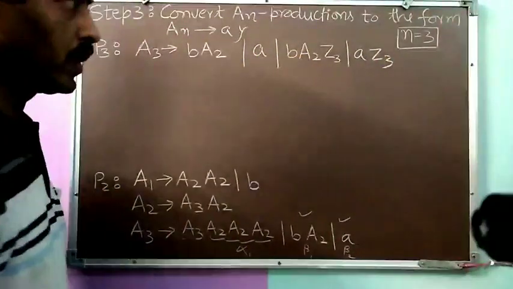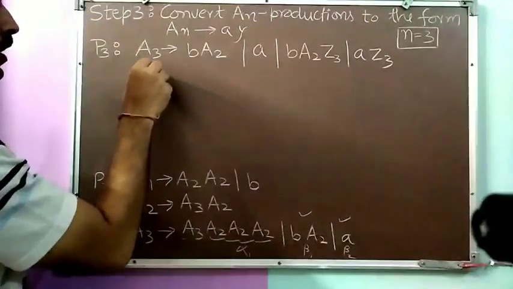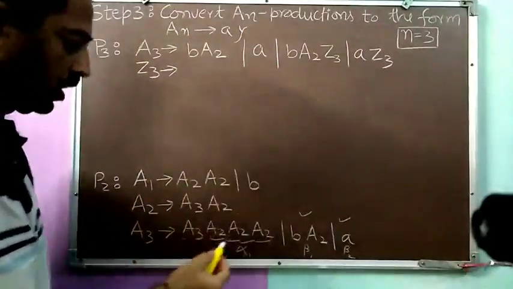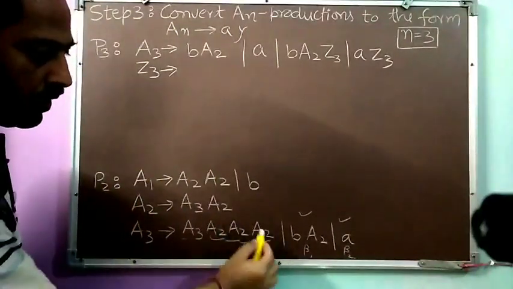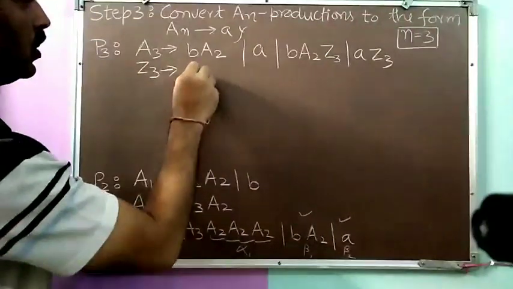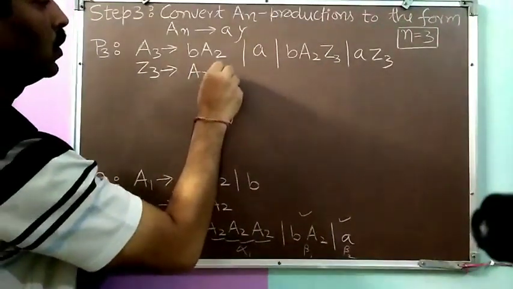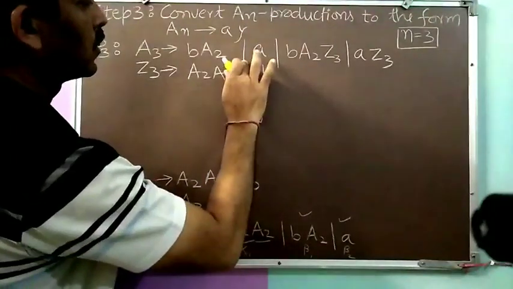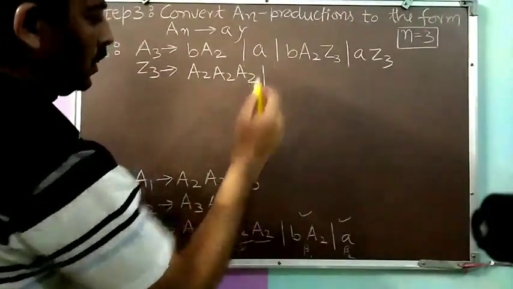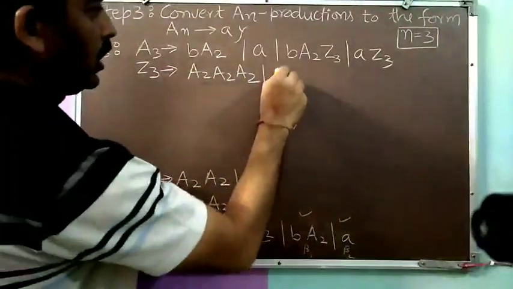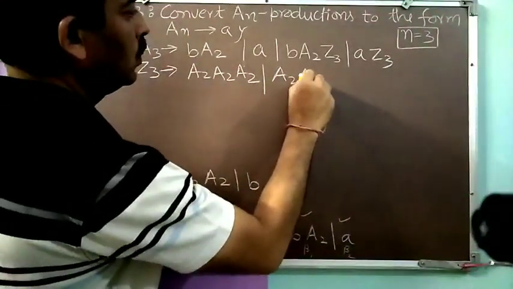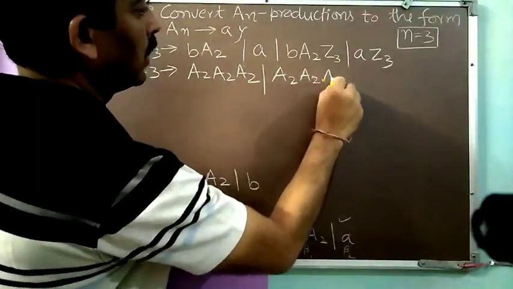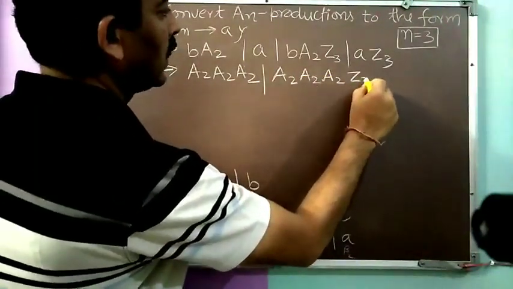Now we have introduced a new variable Z3, so we have to write the productions of Z3 as well. The productions of Z3 will be the alpha i's. There is only one alpha, that is A2 A2 A2 oblique, then alpha Z, so A2 A2 Z3.